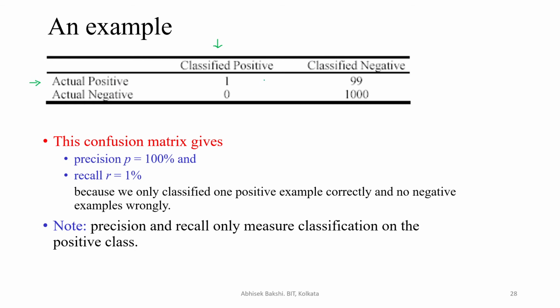I mean, suppose there are 1100 samples, total 1100 fruits. Among 1100 fruits, 100 fruits are orange and 1000 fruits are apple.